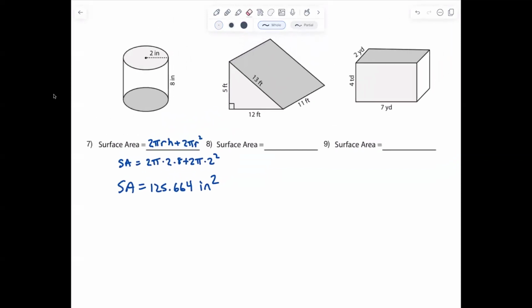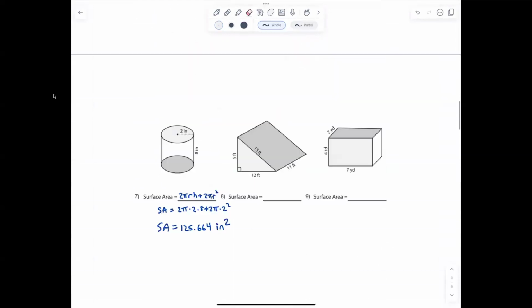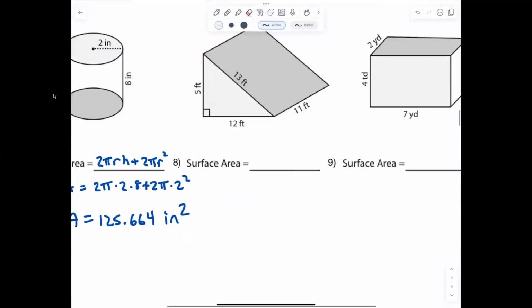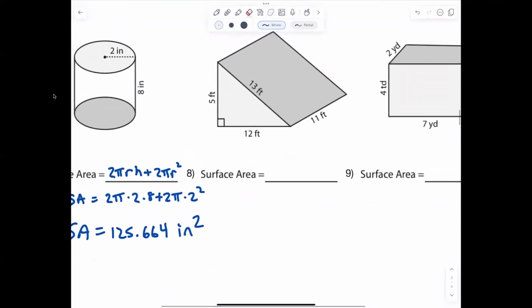All right, I want to talk about number 8 now. Why is number 8 annoying? Because it's just. Oh, there's four. How many different shapes are there? 4 different shapes. Do we agree? Well, I mean, there's 2 different shapes, but how many?